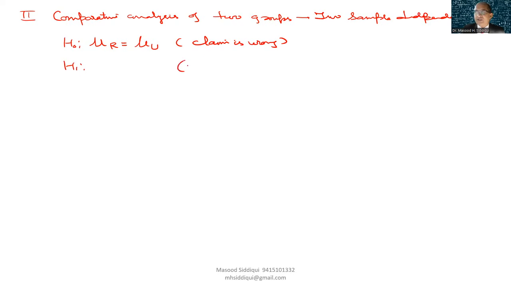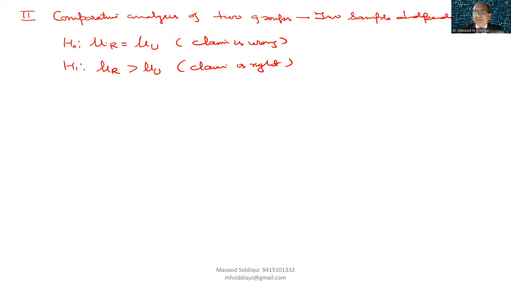And H1 is opposite to the null hypothesis, since the null hypothesis represents that the claim is wrong. So the opposite would be that the claim is right. And the claim is right means rural outlets are giving higher sales as compared to urban outlets. So this is H1, right?